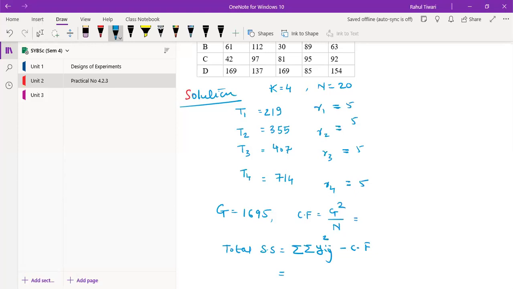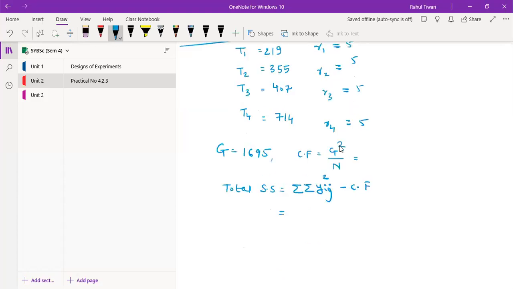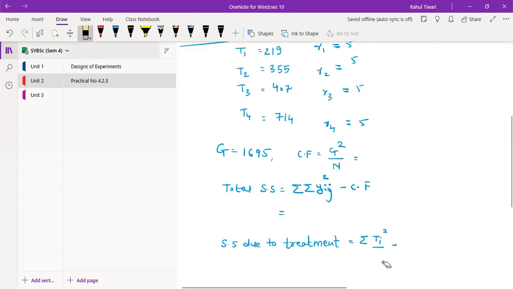You will get double summation Yij. And then similarly you can find out the sum of square due to treatment, which is simply Ti square upon Ni minus, or I can use Ri because I have used general notations Ri, minus CF.